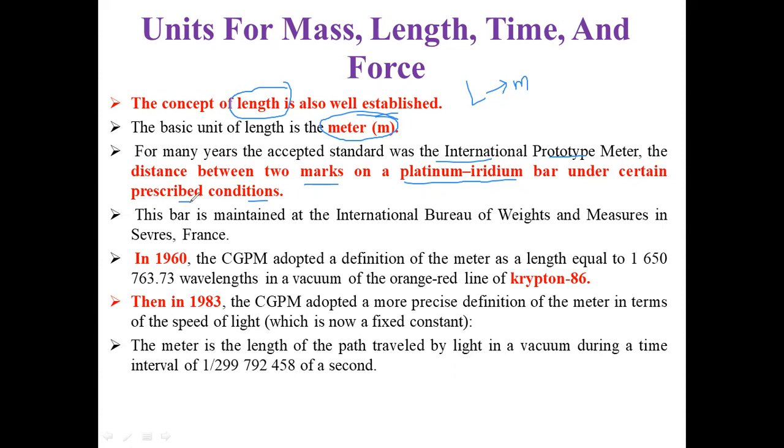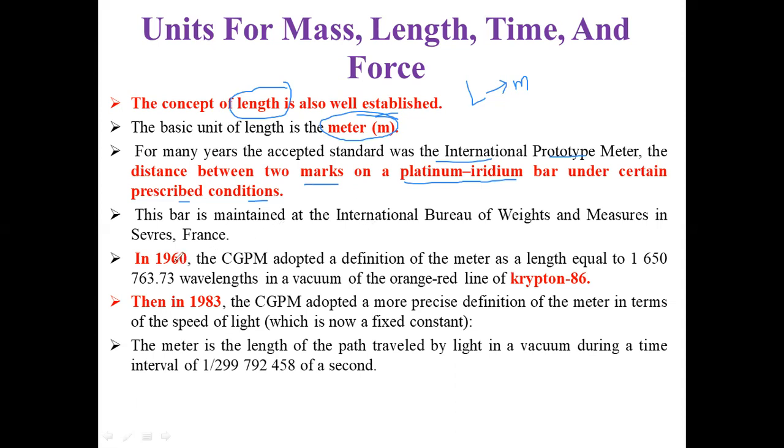So, what is the standard for a meter? For many years, the accepted standard was the international prototype meter, and the distance between two marks on a platinum iridium bar under certain prescribed conditions is known as a meter. This bar is maintained at the International Bureau of Weights and Measures, Sèvres, France.